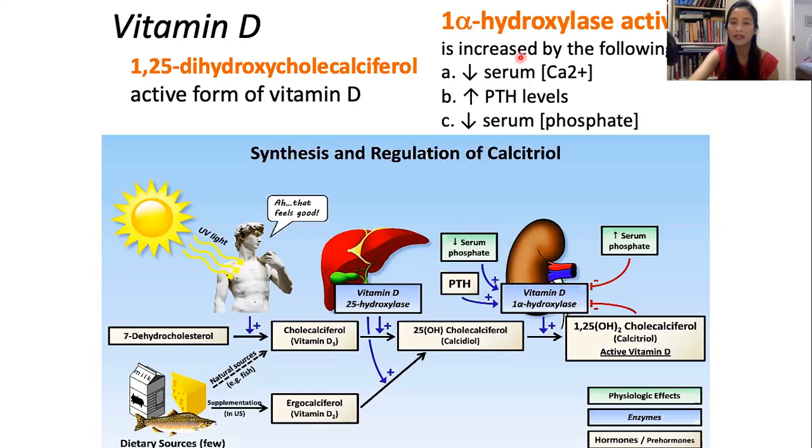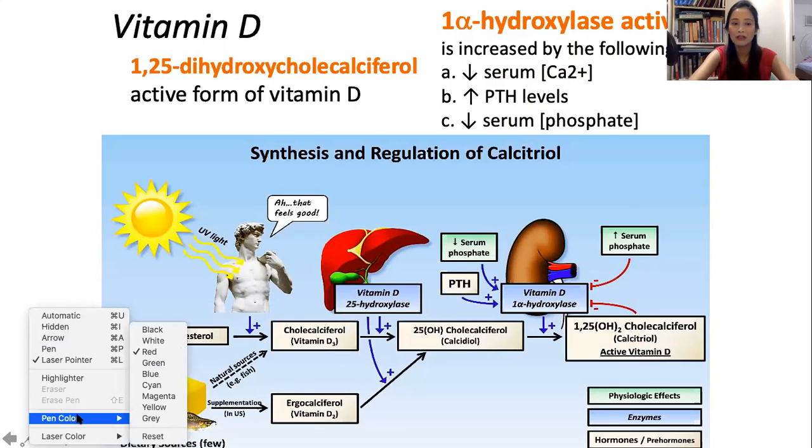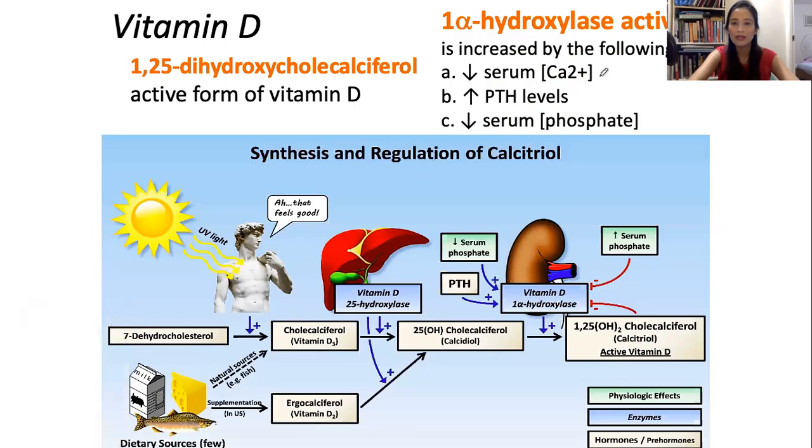So when there is a decrease in serum calcium levels and a decrease in serum phosphate levels, it will result in activation of your 1-alpha hydroxylase in order to activate vitamin D. And the activated vitamin D will now serve to increase your calcium and increase your serum phosphate back to normal.